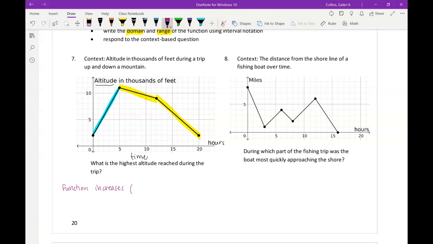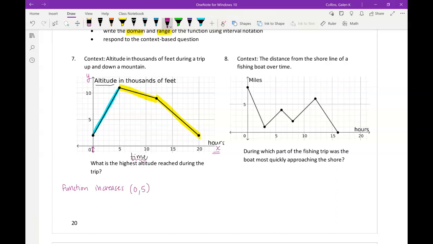So when I'm writing this in interval notation, I'm considering the values of x or t, whatever. I'm just going to use x and y for this. Sometimes we use t since we're measuring time, but I consider my inputs. So I want to say between what values of x is y going up from left to right. And so that's going to be from where x equals 0 until this point where x equals 5.